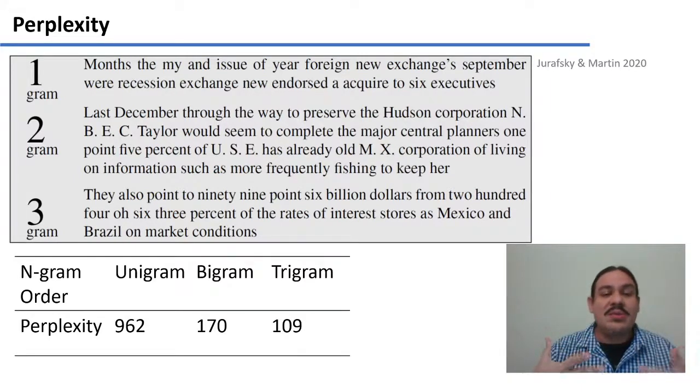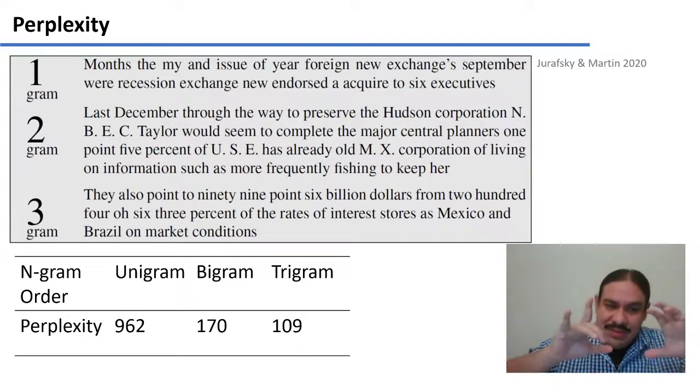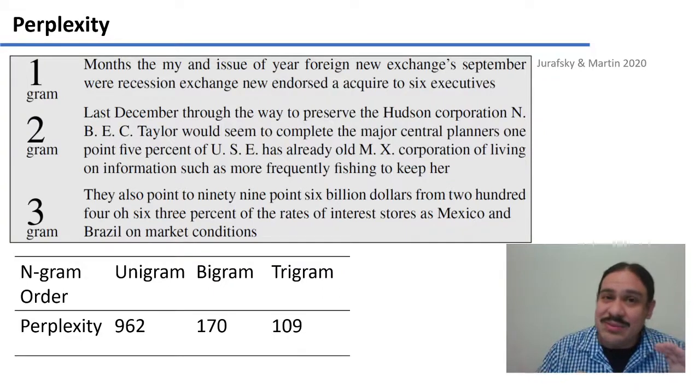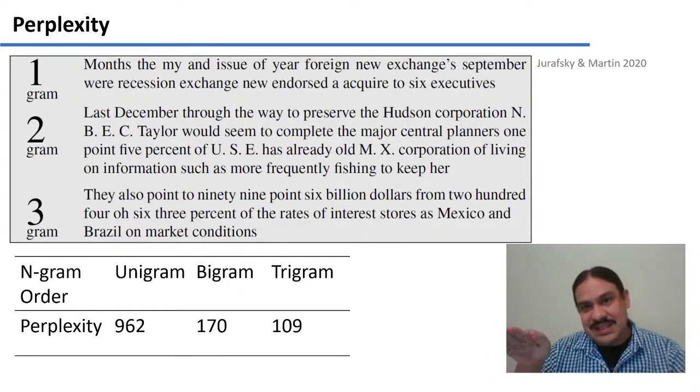Bigram and trigram models resemble English sentences more, and so the perplexity is less. The n-gram models and their transitions resemble English sentences more, and so they're less perplexed when they see real English. So in general, we're looking for the n-gram model that lowers perplexity in the testing set.